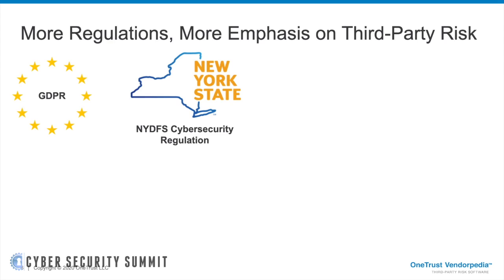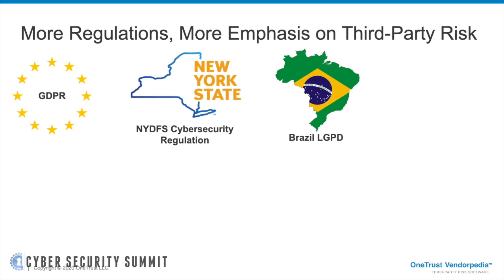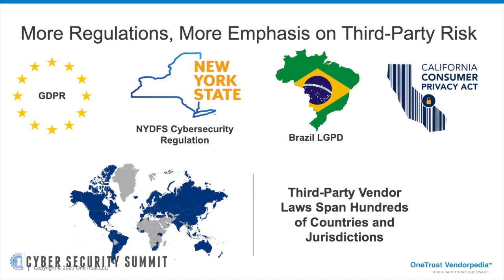And here, what we have is a snapshot of popular regulations across the globe. But please remember, there are hundreds of regulations that span the globe. And the unique thing about vendor risk management is that it's in all of these regulations in some form or fashion. It's buried in privacy, security, or even financial regulations.